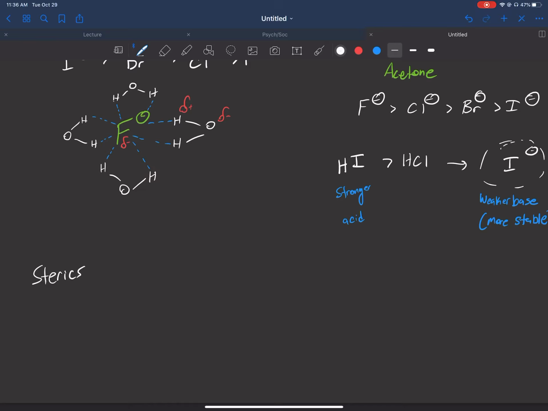Because compounds can be bulky, and that can start screwing stuff up. Okay? So compare H3C O minus, right? So that's just an oxygen bound to that methyl, versus this compound right here. So now it's an ethyl group, right?